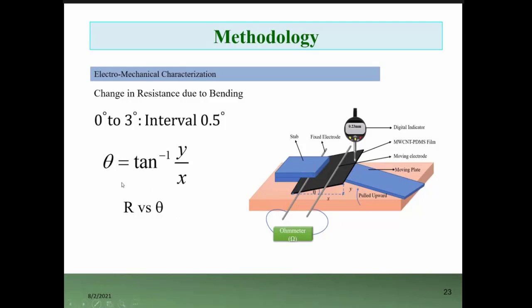And this formula was used to calculate the bending, because this is a very small bending. It cannot be checked by bare eye. That is why I have chosen this formula, where x is the length of the film, and the vertical deflection was measured using a digital indicator. And from here I got the resistance versus bending angle curve.